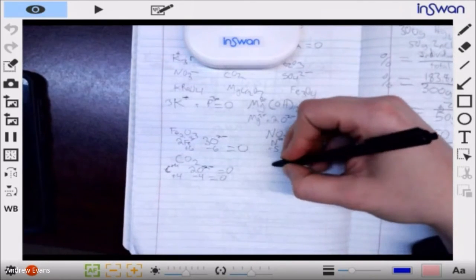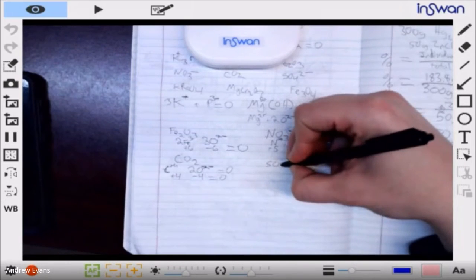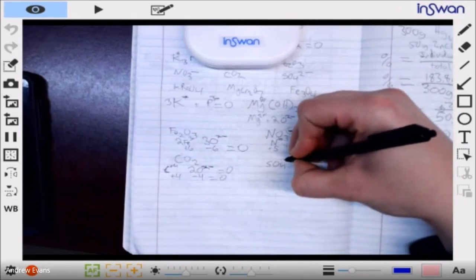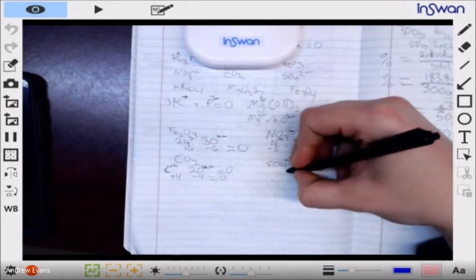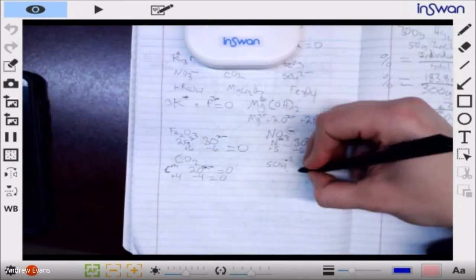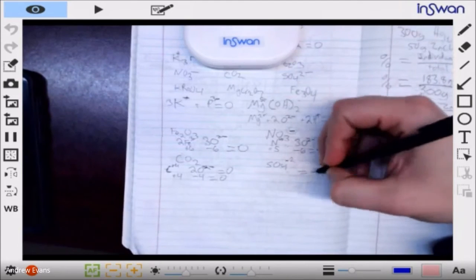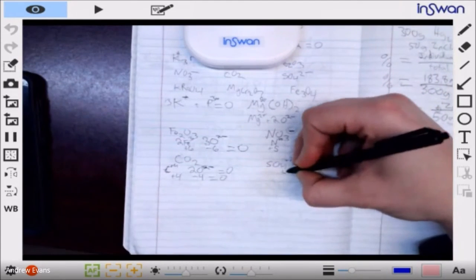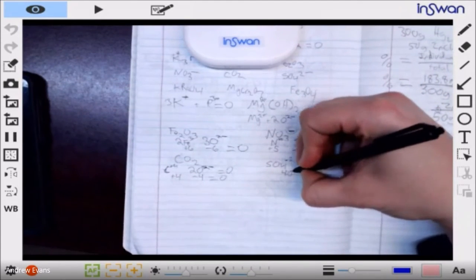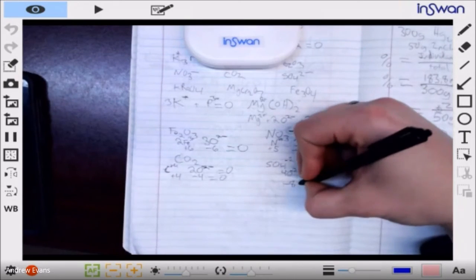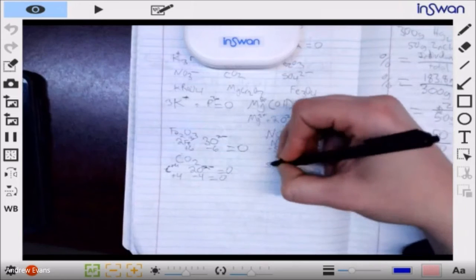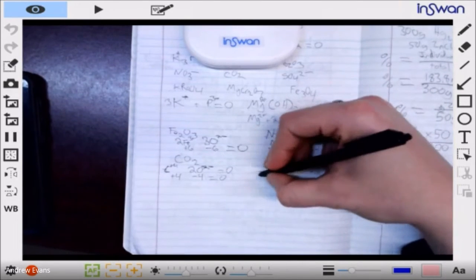Then SO4 2-. Whatever the amount of oxygens, all this is going to add up to -2. 4 oxygens, each at -2, means we have a total of -8. We have 1 sulfur.